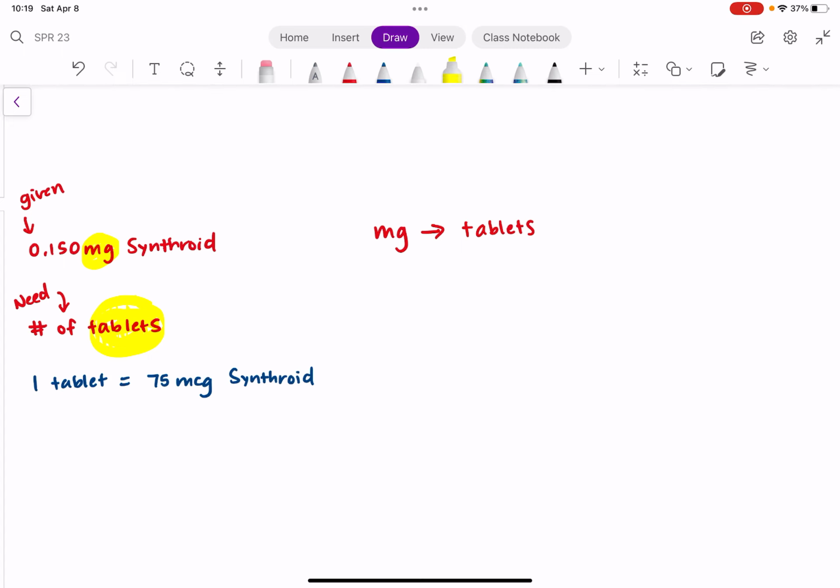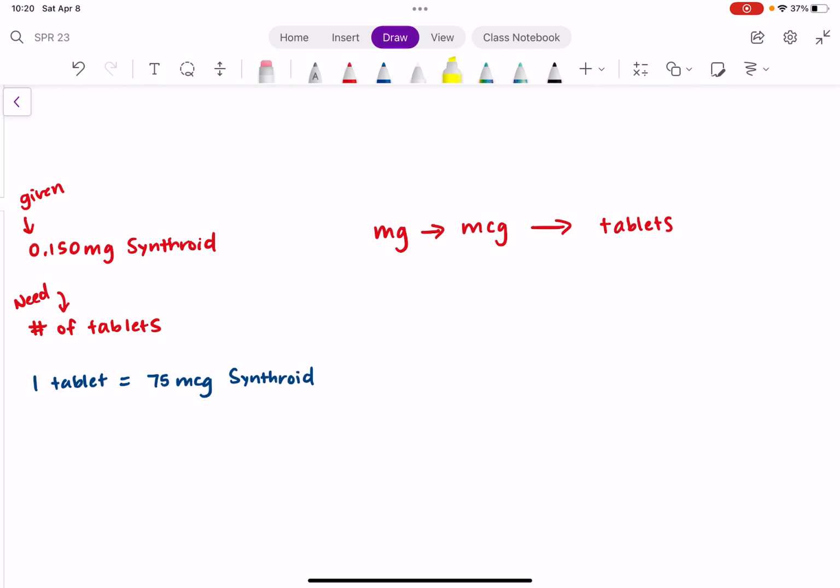No, we can't, because our tablets equality is listed in micrograms. Okay, so we need to actually go through micrograms. So here's what I want to do. I'm going to move tablets over because I know I have a step right in between. So I have milligrams to micrograms to tablets. Okay. Pause the video, think about that if you need to for a little bit.